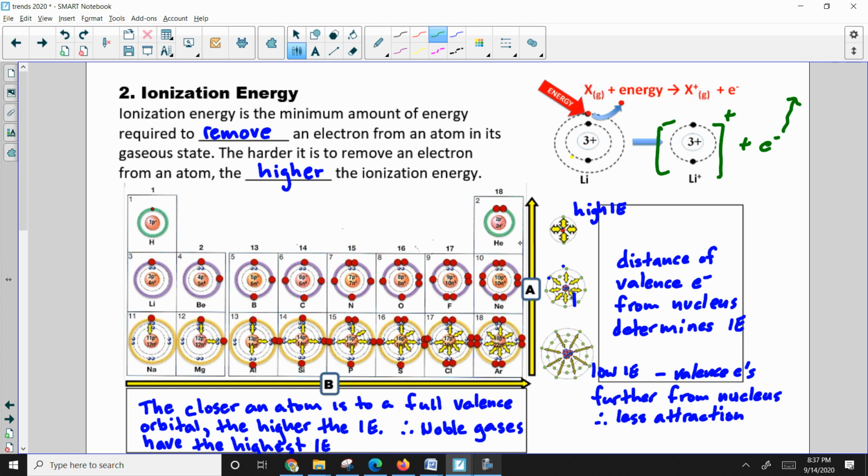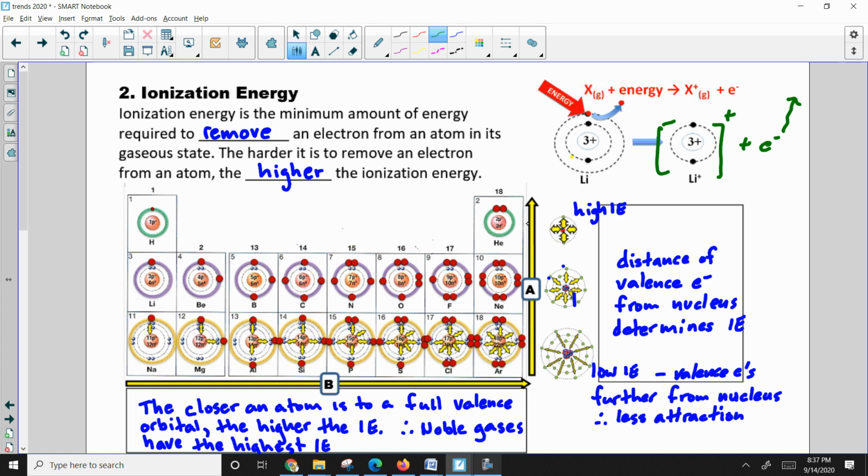Now what happens here vertically? Well, here's the thing. You have to think about how far these outer electrons are from the nucleus. Remember, the nucleus is positively charged, right? And it's pulling on those outer electrons. Well, if those outer electrons are really far, there's not much attraction there. But if those valence electrons are very close, there's a lot more attraction.